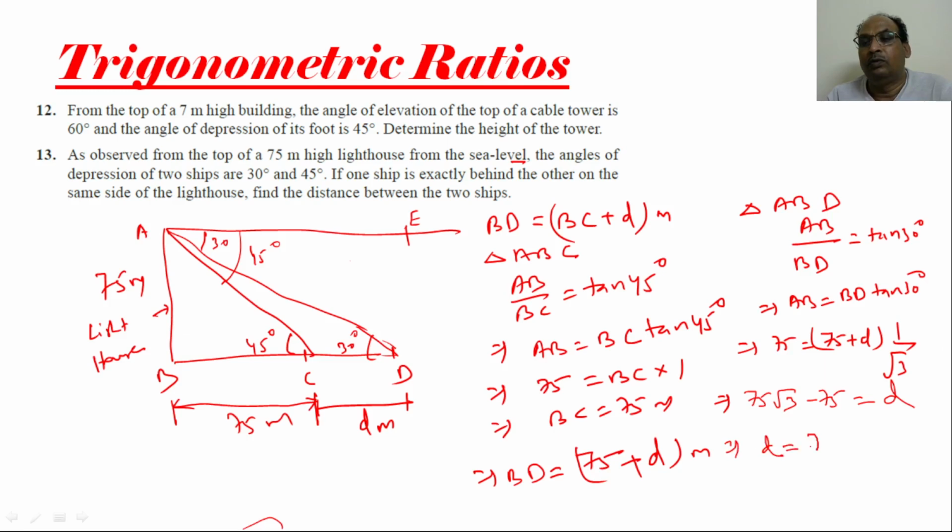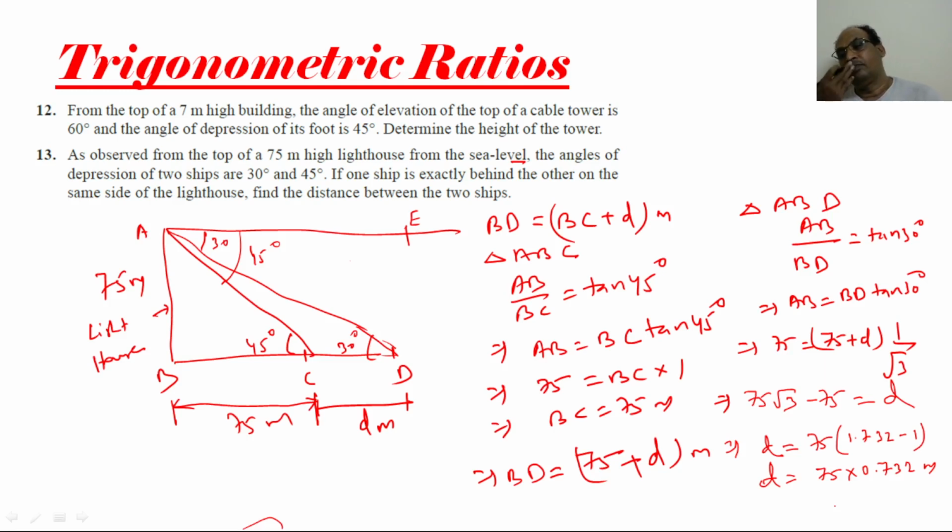Okay, so D is equal to 75 into 1.732 minus 1. So D is equal to 75 into 0.732 meter. Okay, even root 3 minus 1 can also be written, but 75 into 0.732.